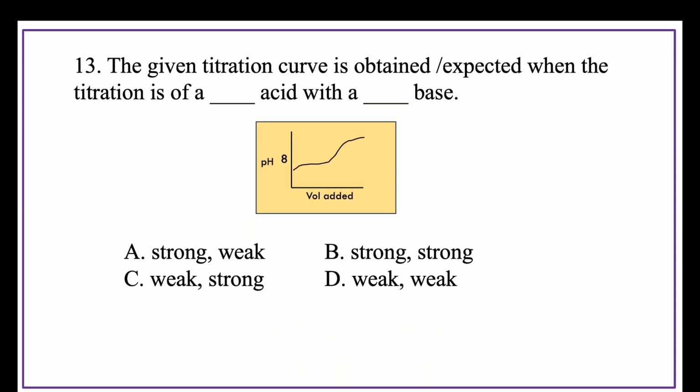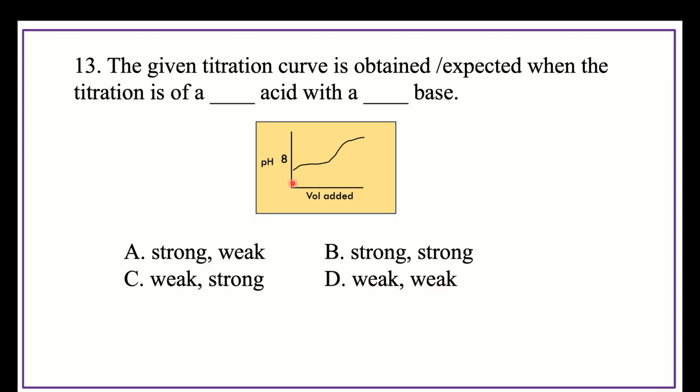Next question. The given titration curve is obtained or expected when the titration is of a blank acid with a blank base. So in this case, if we observe, the initial pH value is slightly higher, that indicates that it is not a strong acid. So it may be a weak acid. There are two options: weak acid strong base and weak acid weak base.